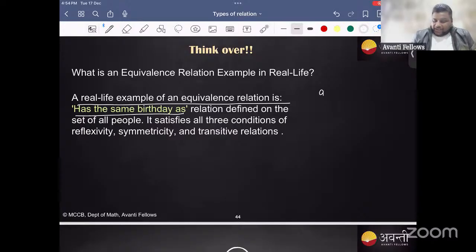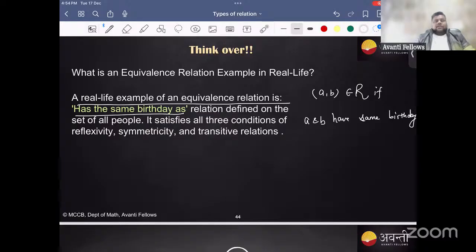That means (a, b) will belong to relation R if a and b have the same birthday. Definitely it will be reflexive because everybody has the same birthday as themselves. Definitely it will be symmetric because if a and b have the same birthday, then b and a also have the same birthday. And similarly, it will be transitive also.